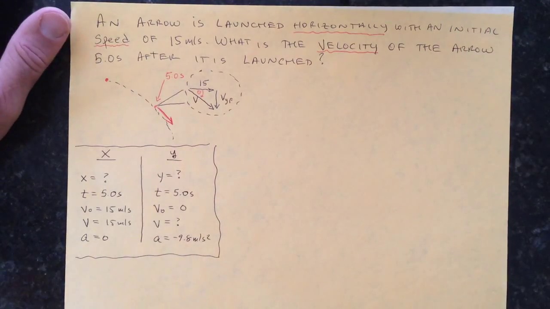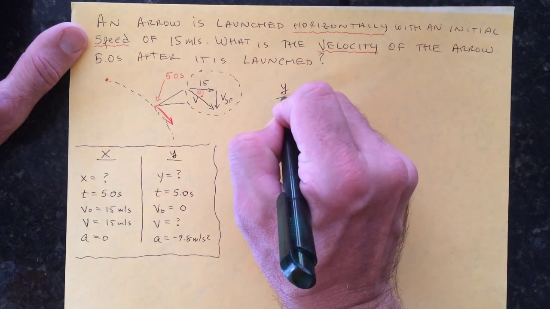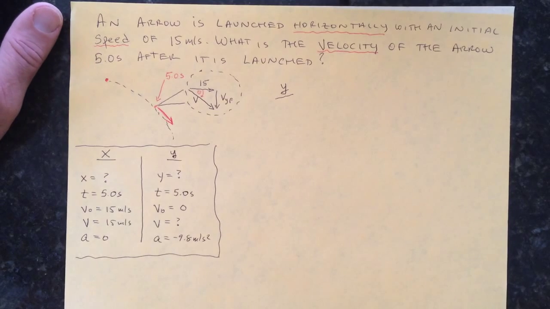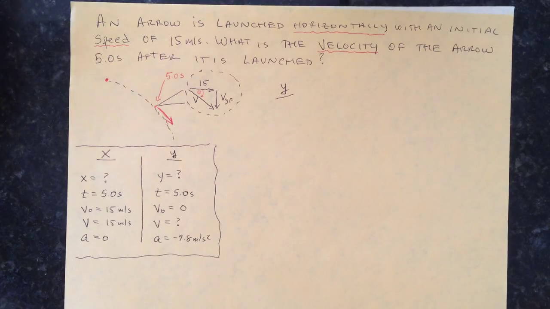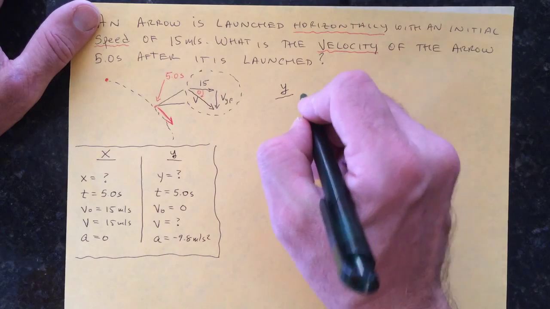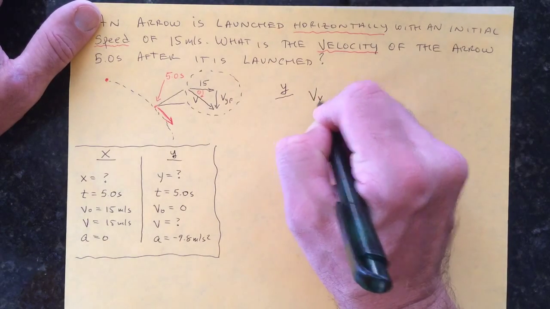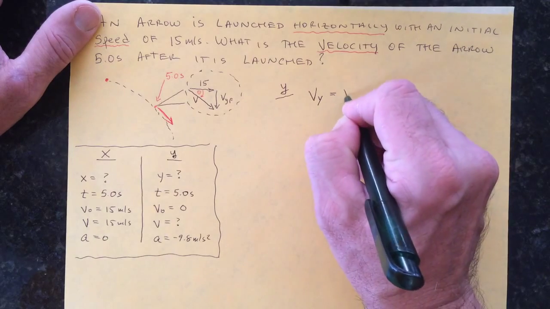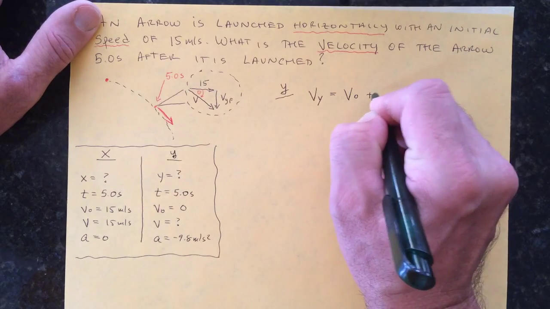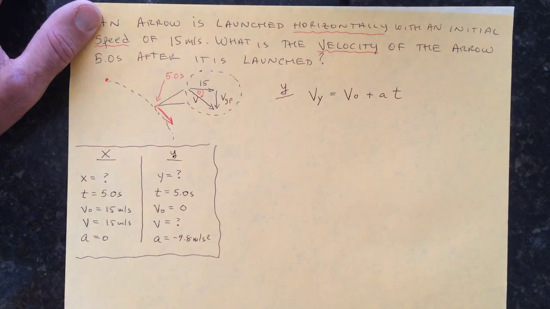So I typically begin in the y direction. I find it easier to reach the solution if I begin with the y. Don't know if that's true, but at least I think that. I'm going to pick this equation, and I'm going to solve for the downward final velocity.